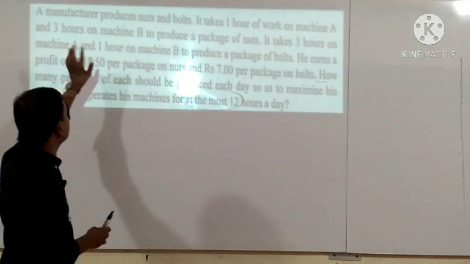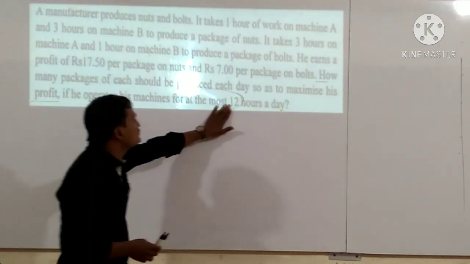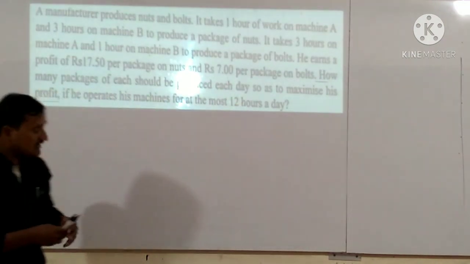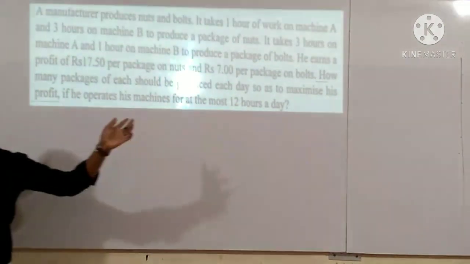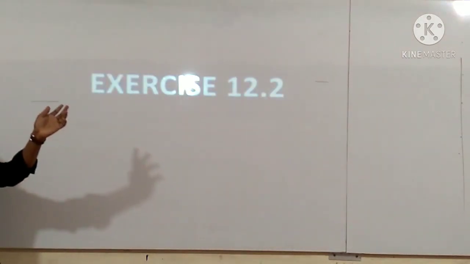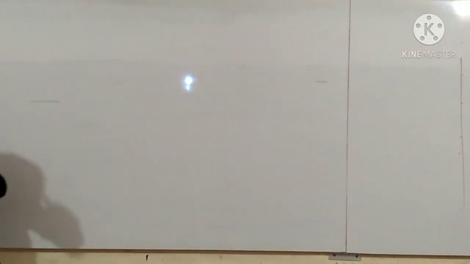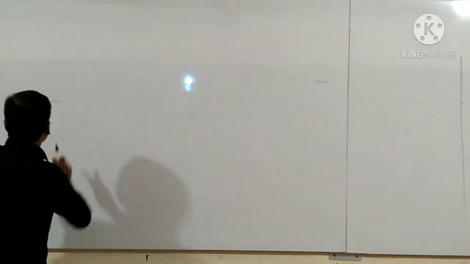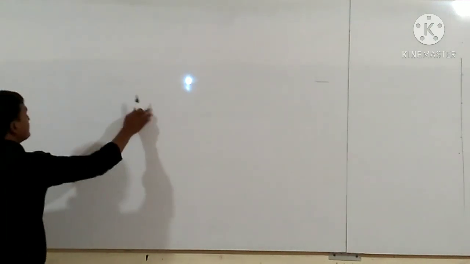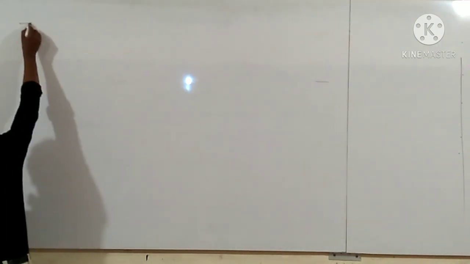Okay, right. So I will remove this and again take this one. Okay, sorry here. So here first we will start with x and y. First we will take the decision variable.